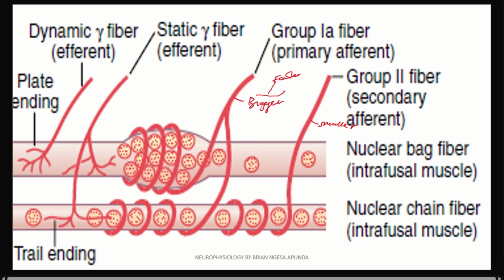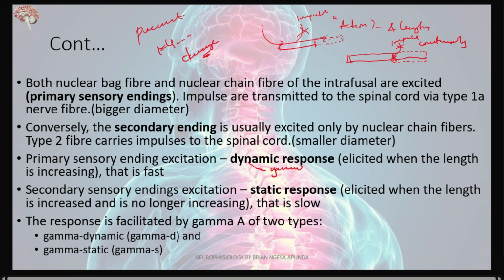While the other one can be very good for the secondary, that is the static. So the response, of course, will be executed by the two types of the gamma, the gamma D, representing the dynamic, and the gamma S, representing the gamma static.